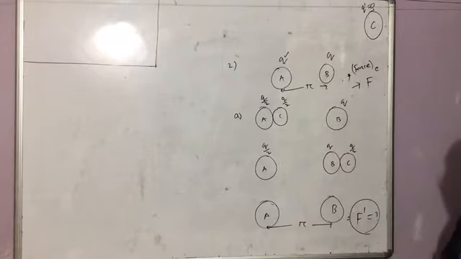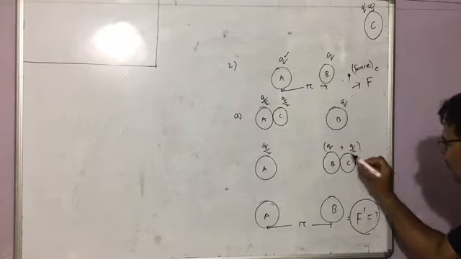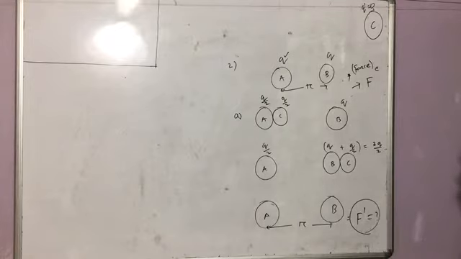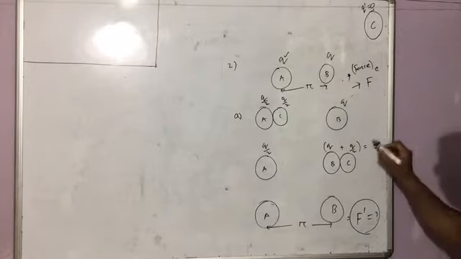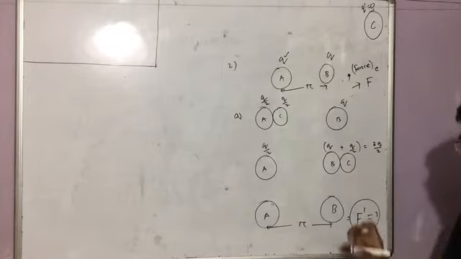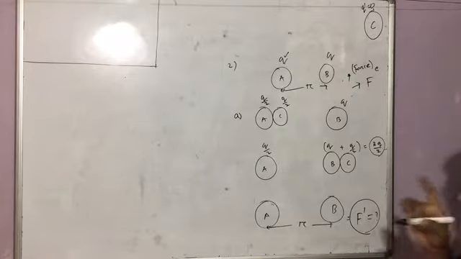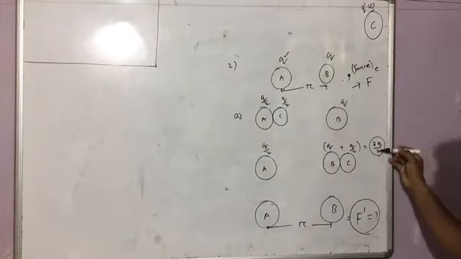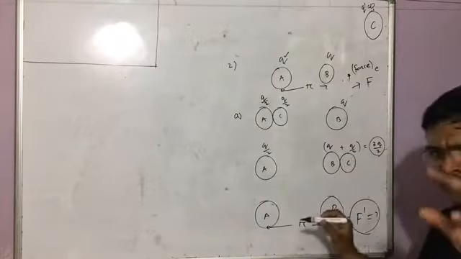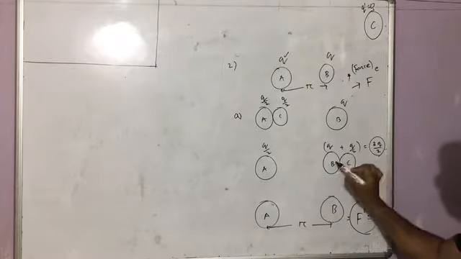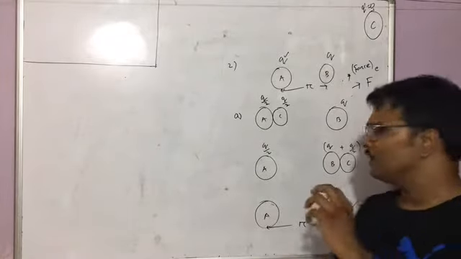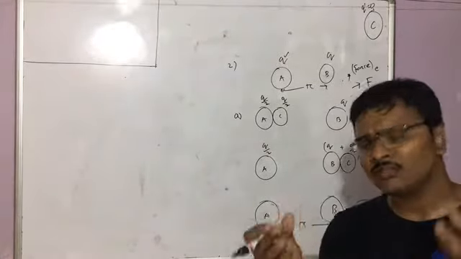When you make a contact between B and C, what will be the total charge? Q plus Q by 2, means 3Q by 2. Now this total charge is 3Q by 2, and B and C are identical, so this total charge gets distributed equally among these two, because B and C are identical and of the same material.